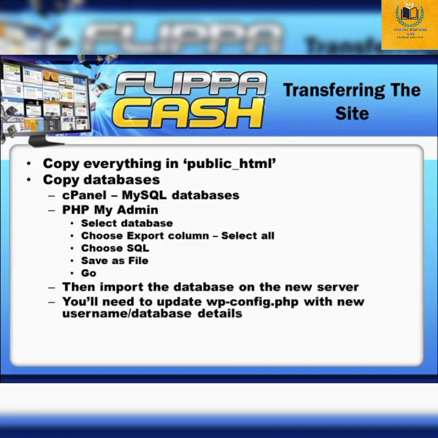You're also going to need to have WordPress installed on the new server already, and then you go into the wp-config.php file on the new server and update those database details, username, password, database name, all that kind of stuff, after you have done the import. It's going to go in, grab the information, and everything should work fine and dandy.